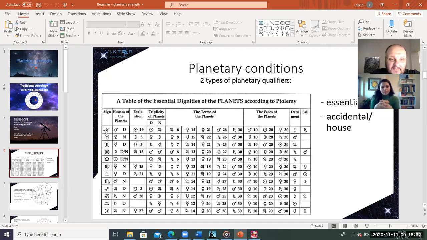So if we look at Aries, for instance, we can see on a day chart, Sun rules, and on a night chart it's Jupiter. If we look at Leo, Sun, Jupiter. If we look at Sagittarius, Sun, Jupiter. So each of the elements is ruled by a planet, depending on whether it's a day chart or a night chart.